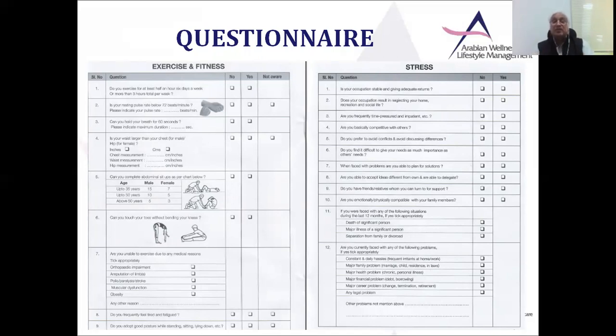Obviously, there would be questions on nutrition, there would be questions on your medical health status, and other questions. So we compile the questions, and the questions on your screen or in a hard copy would look something like this.